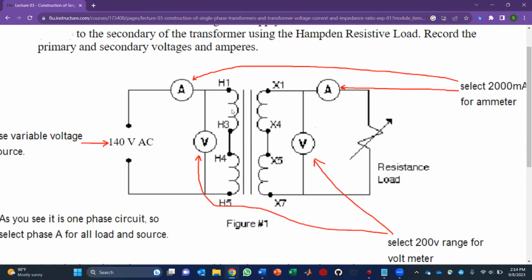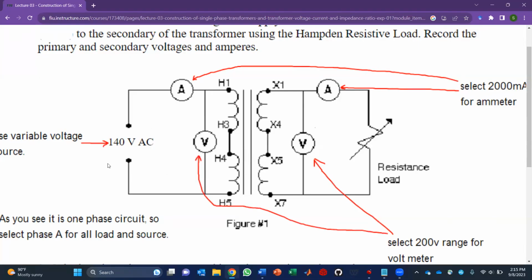So say for example on the primary side we have 20 turns, and on the secondary side we have 10 turns, then that means this transformer is a step down transformer, because the turns of the secondary is lower than that of the primary one. So if we want to actually increase the amount of turns, then we can add them up. So in this case we connected H3 and H4 so that we have a larger number of turns.